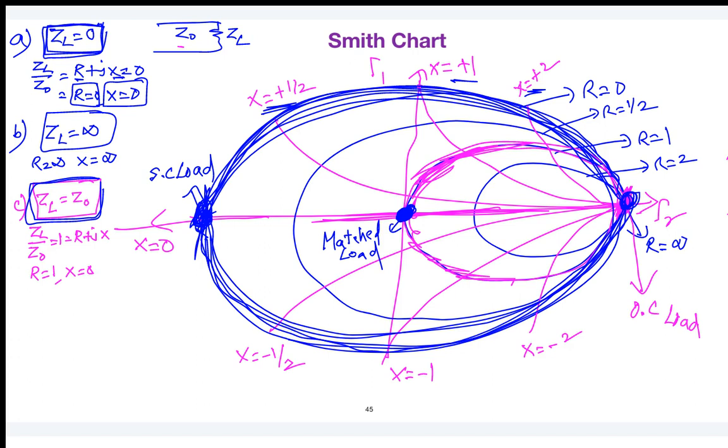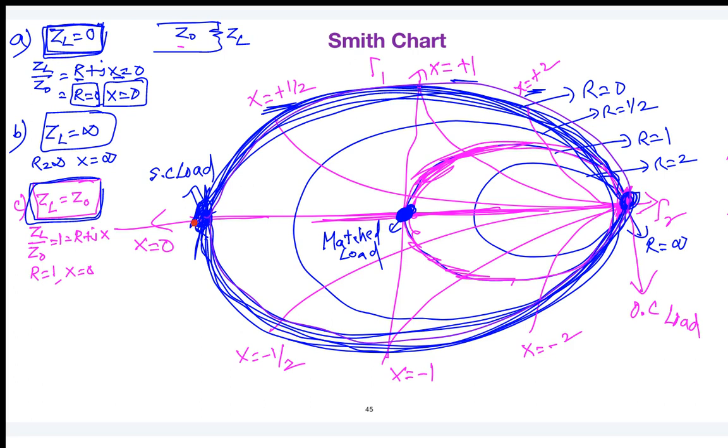Tell me quickly. It's asking what is the total distance when I move on the outer circle in terms of the wavelength.